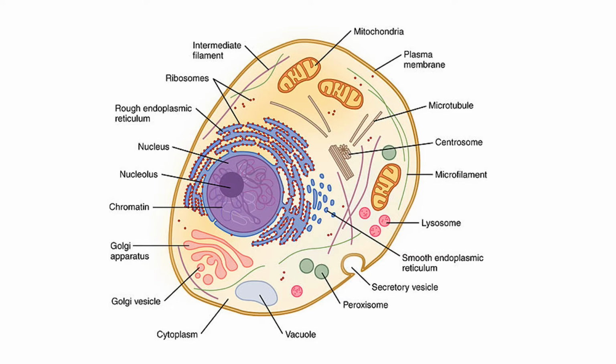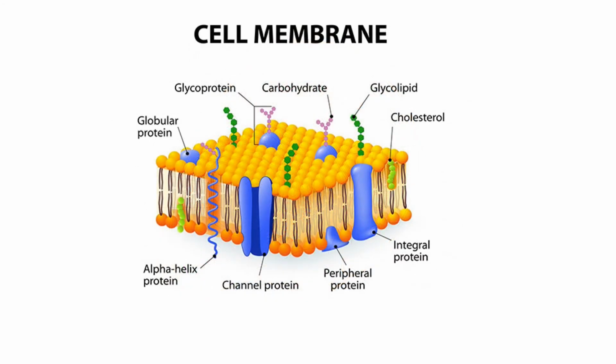Let us start with what we call the cell membrane or the plasma membrane. The plasma membrane envelopes the cell. It encloses the cell and separates it from the extracellular matrix or the outside environment of the cell.